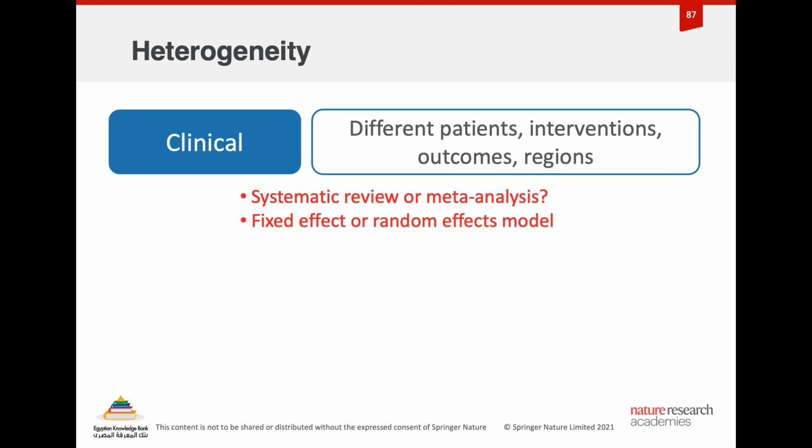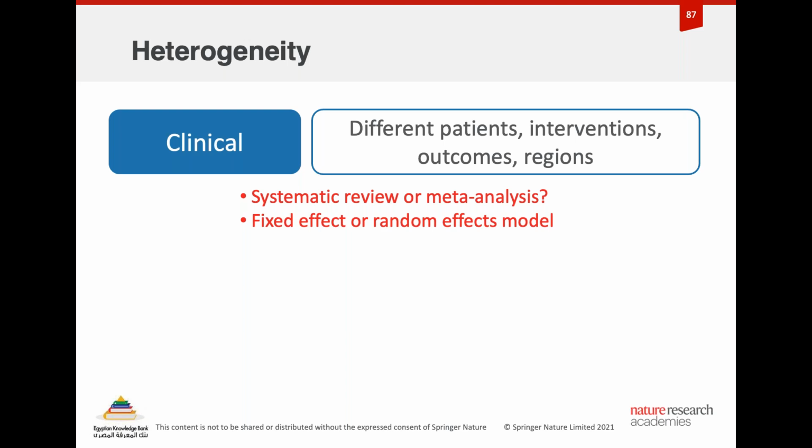If you think it is very homogeneous, with the same population, same intervention, same route of administration, same follow-up time, same outcomes, then a fixed effect model may be appropriate. But if you see a lot of differences in how those studies are being conducted, then a random effects model will be more appropriate.